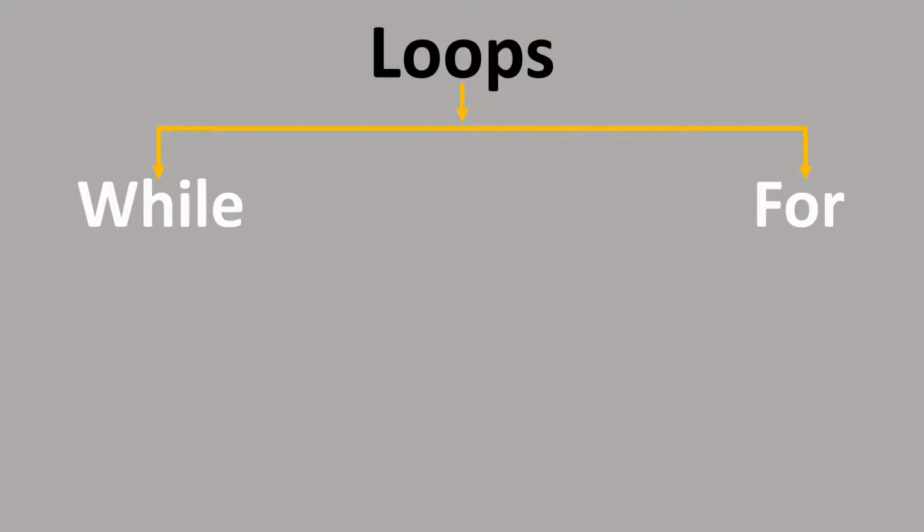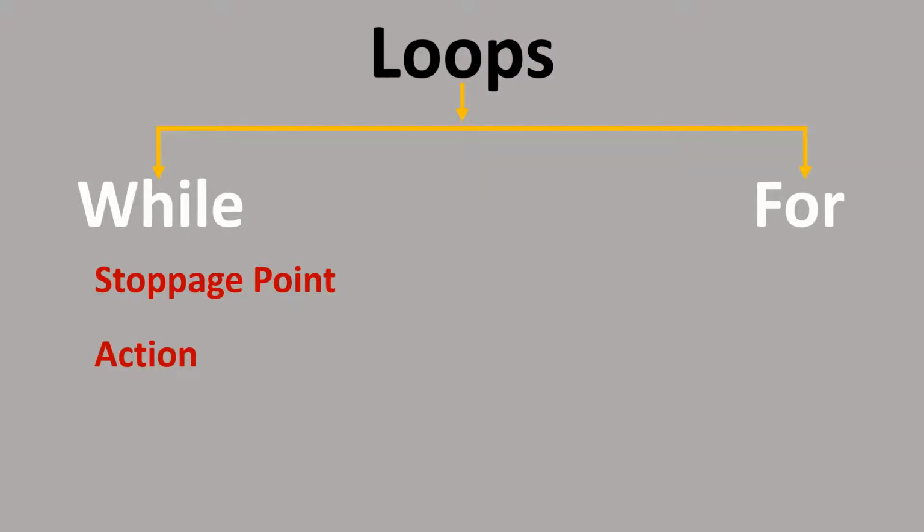The main distinction is that in a while loop, you first provide the stoppage point. That means you first tell Python the point where it has to stop working, and until Python reaches that point, what action it has to take.